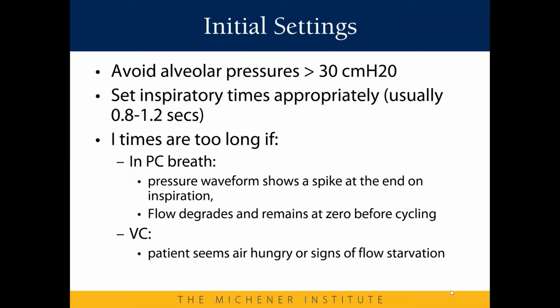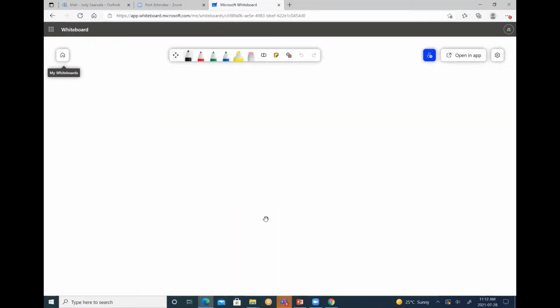So again, I'm just going to move to the whiteboard quickly. So things you might see in pressure control, and forgive my squiggliness because I'm on a laptop computer that is upright. So this is pressure and this is time. And so what you might see, we start at our PEEP and we're going up and we have our square waveform.